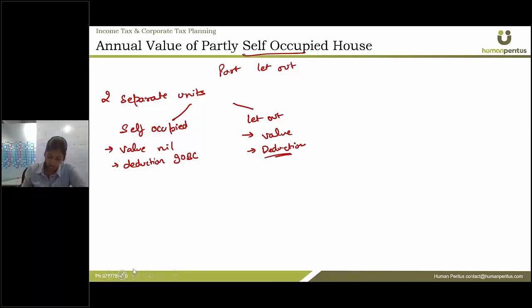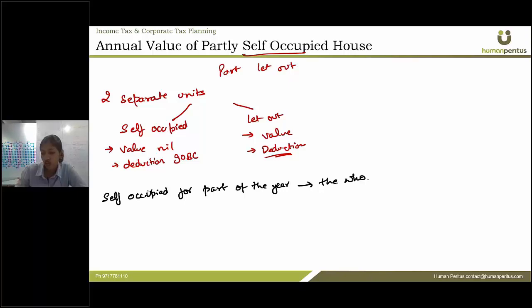Okay. And in case the house was self-occupied for part of the year only, then the whole house will be assumed as let out, and then we calculate the value.